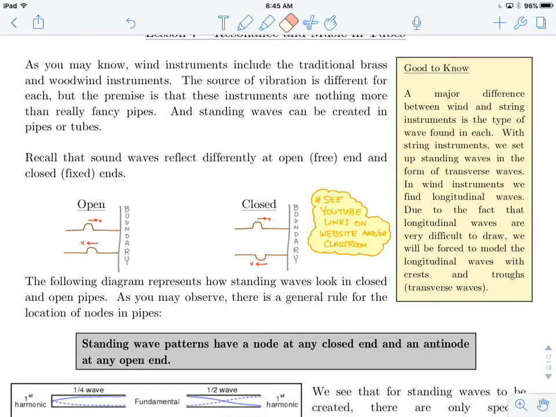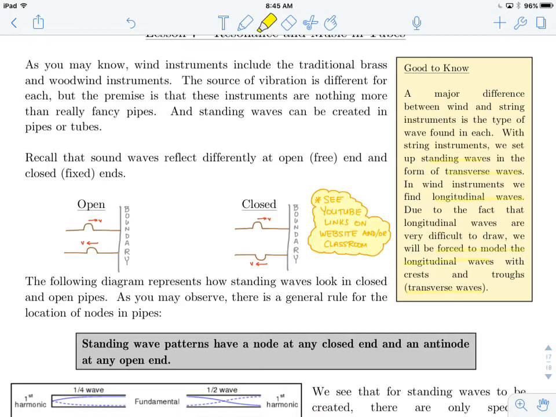One of the major differences between wind and string instruments is the type of wave that's found in each. So with a string instrument, we set up standing waves, but they're transverse. So a string vibrates up and down. But in wind instruments, we find longitudinal waves. And due to the fact that longitudinal waves are very difficult to draw, we're going to be forced to model our longitudinal waves with transverse waves.